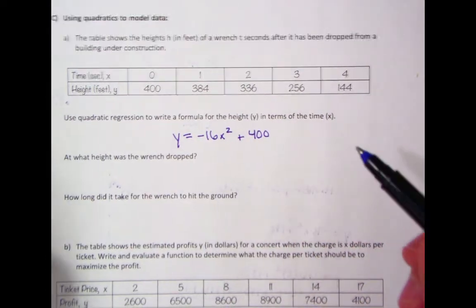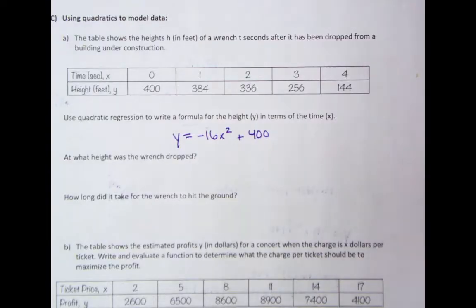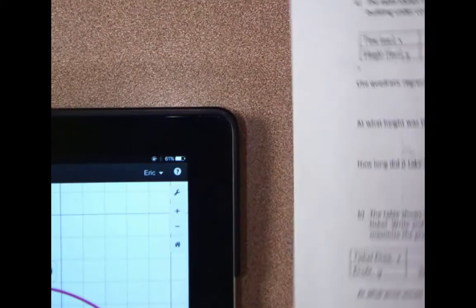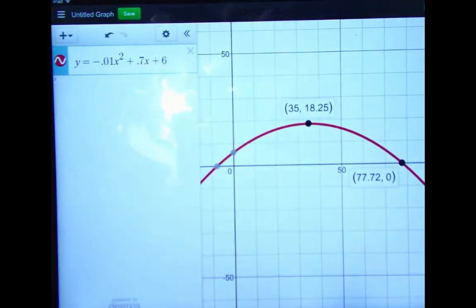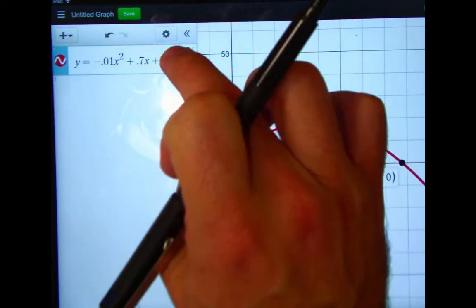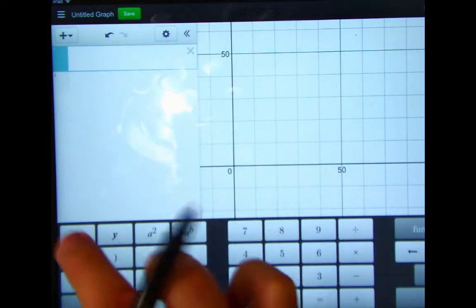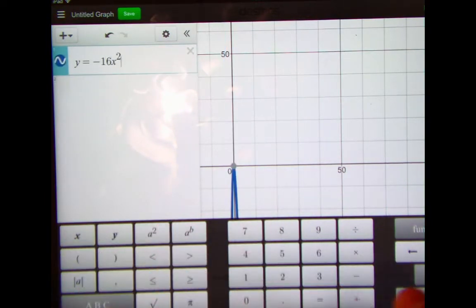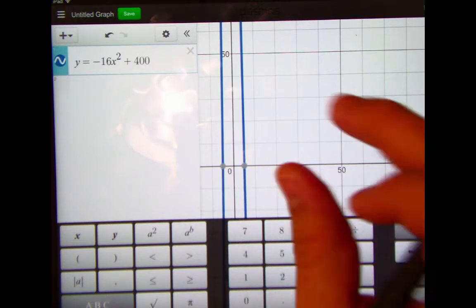So now I'm going to put my calculator away, go over here to Desmos, and plug that equation in there. So y equals negative 16x squared plus 400.